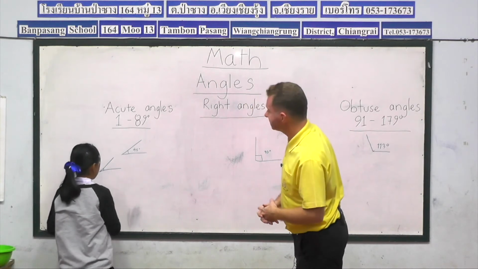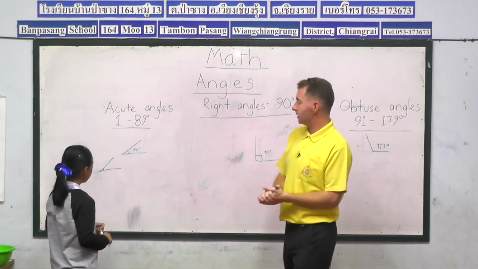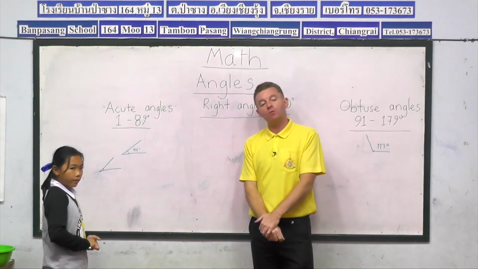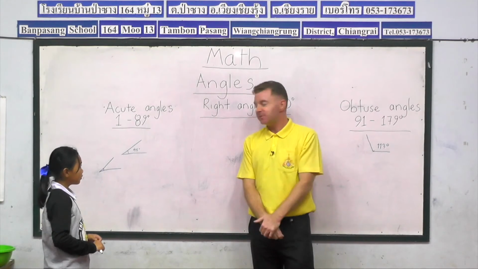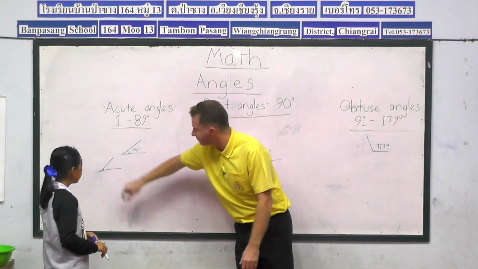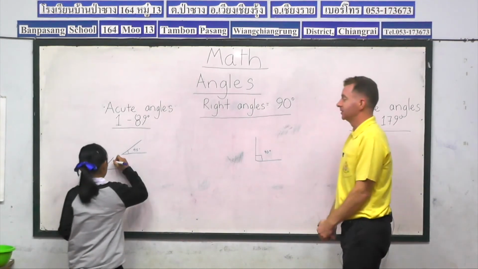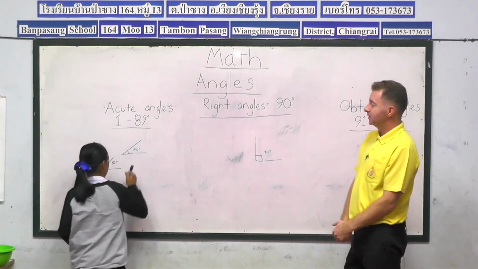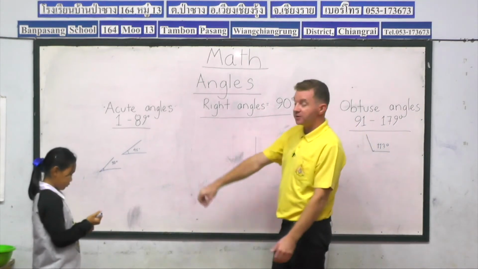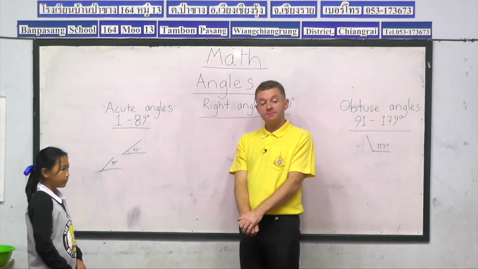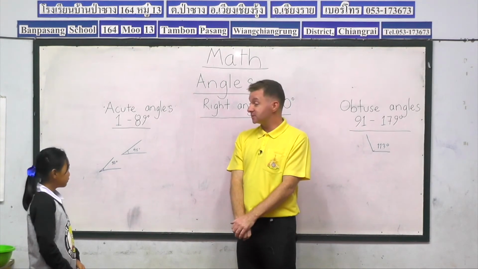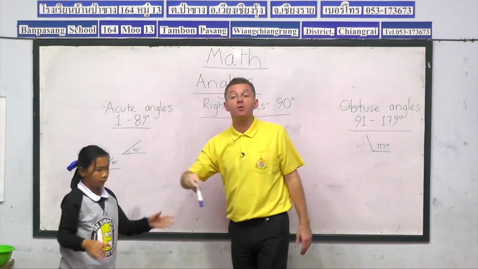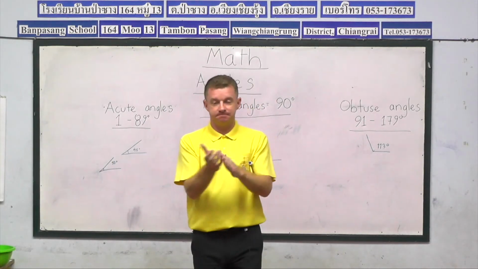Okay, looks very similar, maybe a little bit bigger. So if we go a little bit bigger than 45 degrees, what would we say? 50. Yes, I think this one could be around 50 degrees. 5, 0. So how many degrees for Nadia's acute angle? 50 degrees. Nadia, that was brilliant. Well demonstrated. And a big round of applause for Nadia, guys.